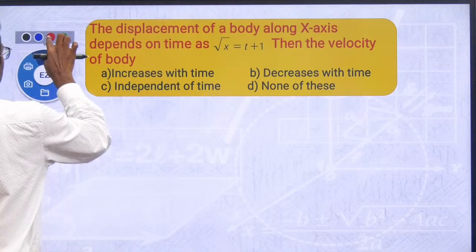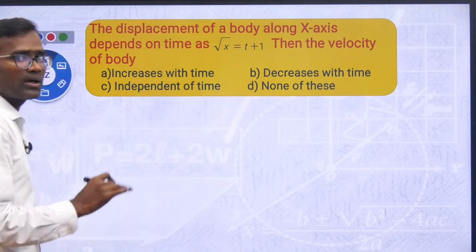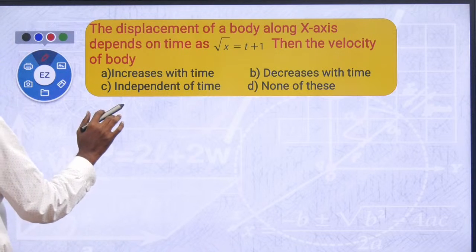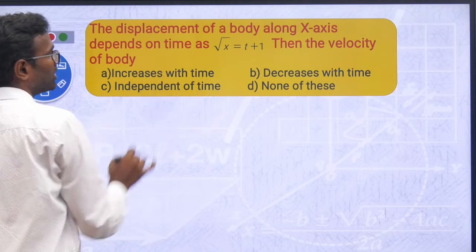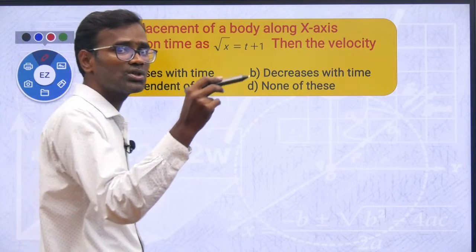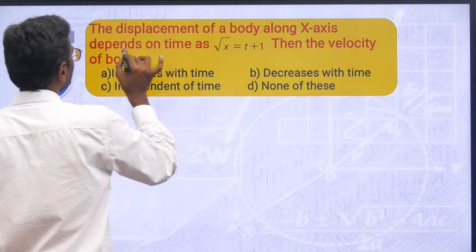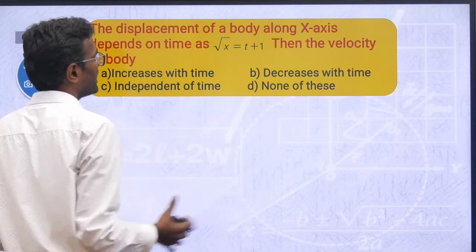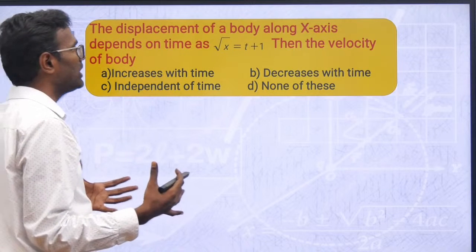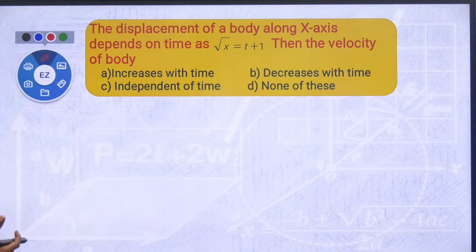A particle is moving along the x-axis, and its position depends on time. According to the time, the position changes. The displacement of a body along the x-axis depends on time as root x is equal to t plus 1. Then the velocity of the body increases with time, decreases with time, is independent of time, or none of these.